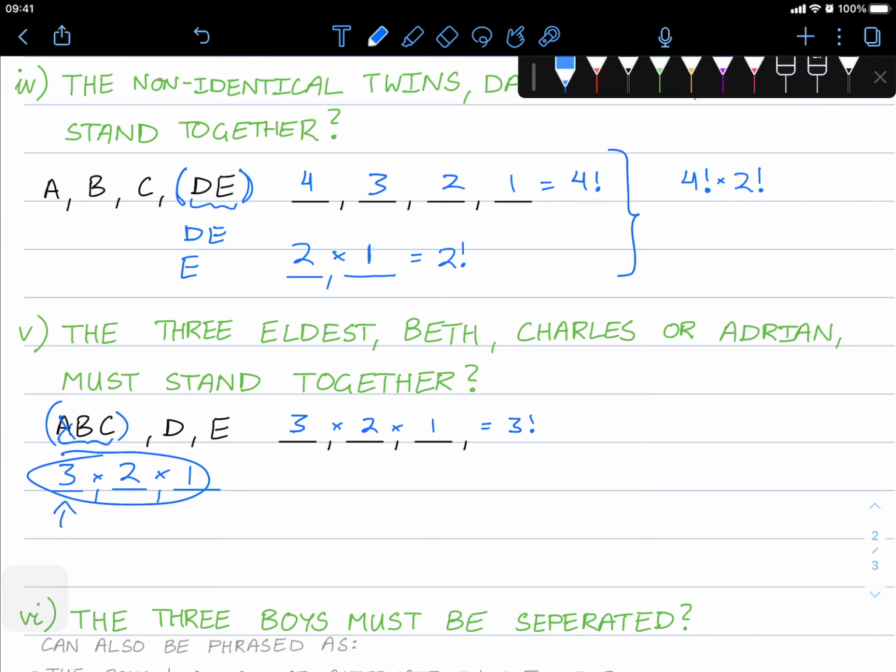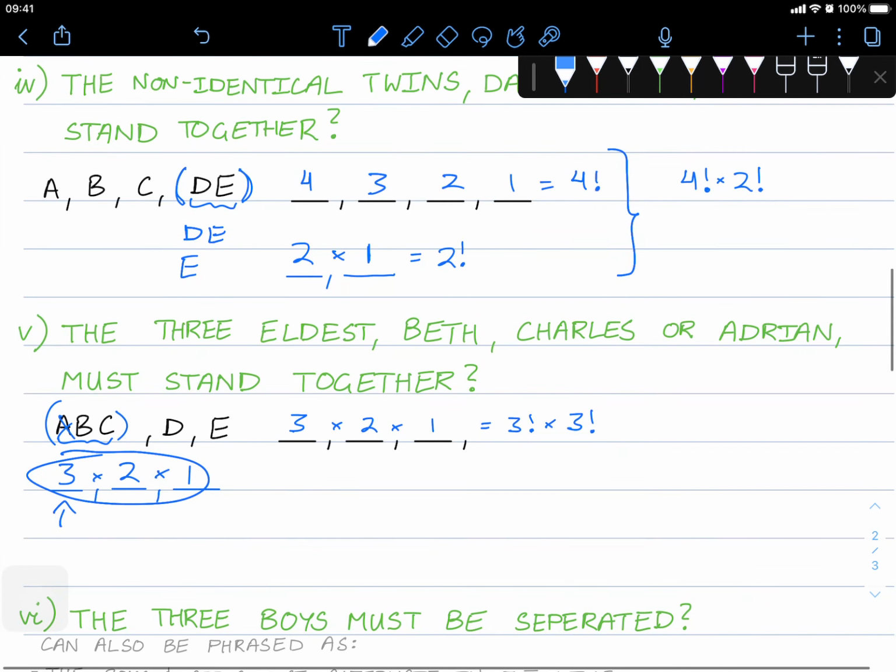So even amongst themselves, they can switch further. So on top of organizing these 3 objects, we can organize Adrian, Beth, and Charles further. So in total, we have 3 factorial times 3 factorial.